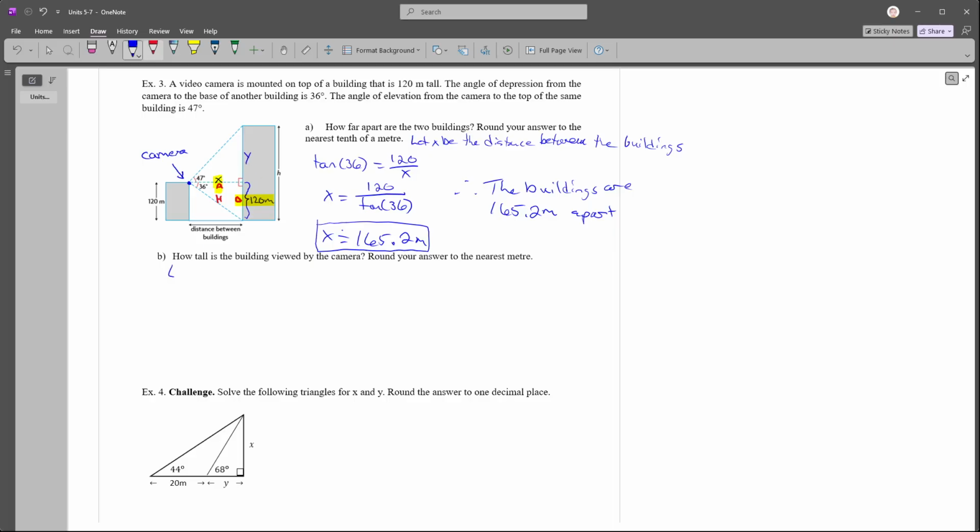So let y be the height from the top of the smaller building to the top of the taller building.